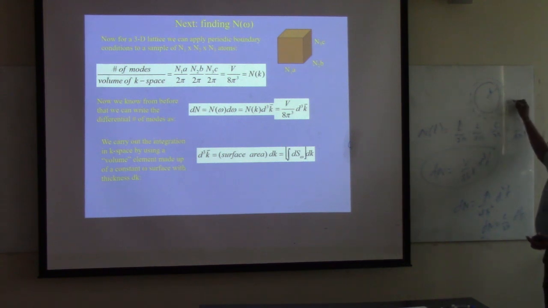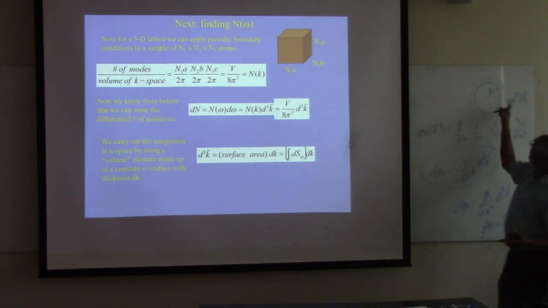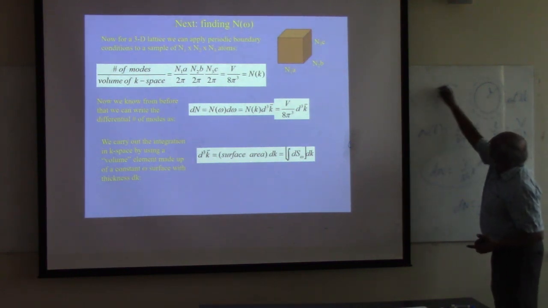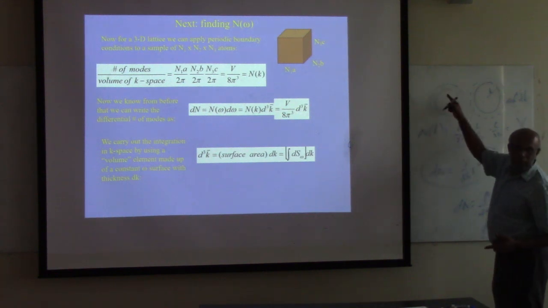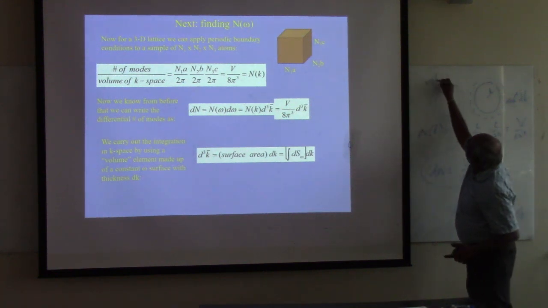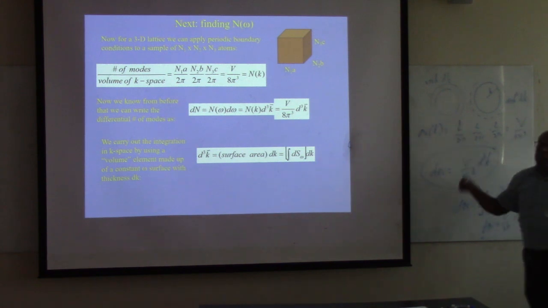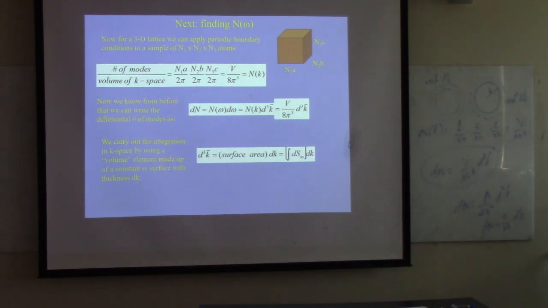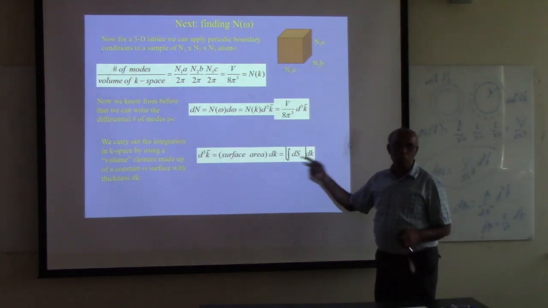It becomes 4 pi k squared times dk. If it is a two-dimensional case, you have 2 pi k times dk, right? We'll do this one, then you understand what it means. If it's a homogeneous case, this means really 4 pi k squared.